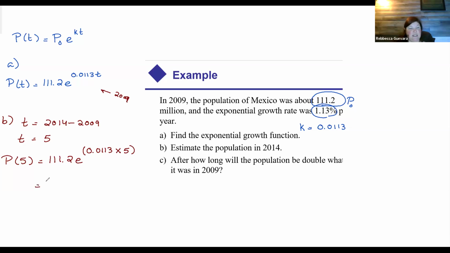What we're going to see here is that we get 117.7, rounded to one decimal place. So in 2014, we expect to have 117.7 million people.